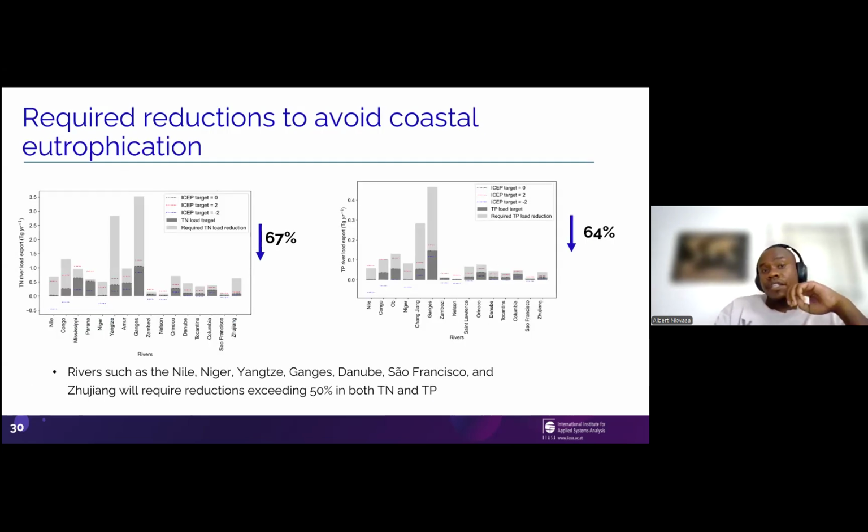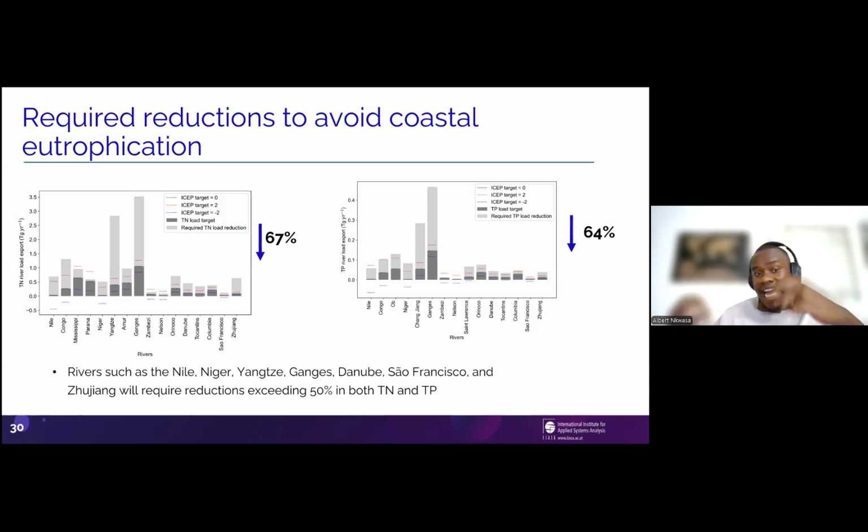When we use the indicator for coastal eutrophication potential to estimate how much reduction is needed, we find that globally, we need 67% reductions in total nitrogen and 64% for total phosphorus. But some rivers stood out.